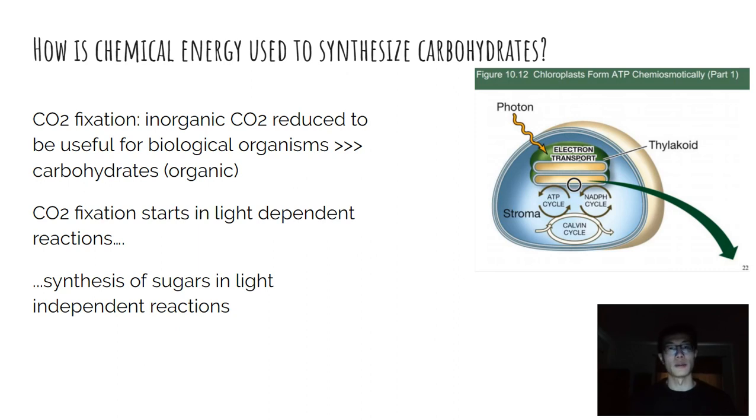We're going to be converting it to a reduced form that's now going to be very much organic, for instance, carbohydrates. And carbohydrates, these sugars, can be used by biological organisms. Those carbohydrates are very useful for whatever the plant is going to use them for, as well as for whatever the heterotroph is going to eat that plant and use that for.